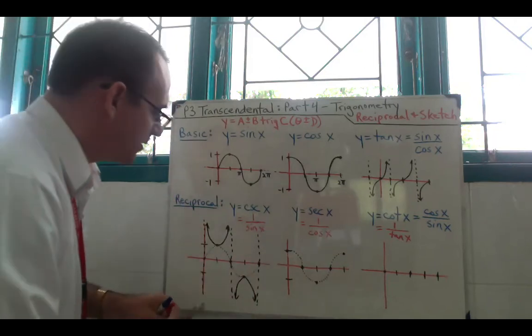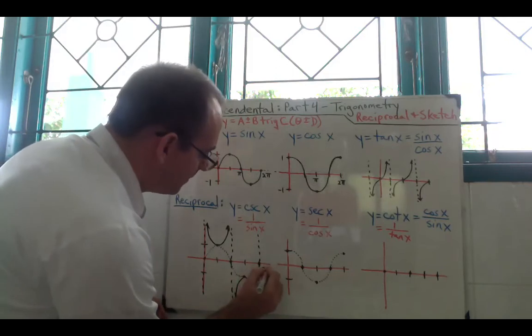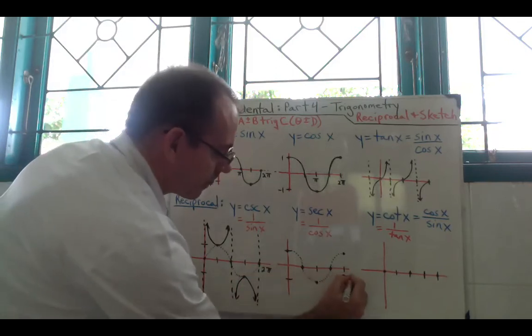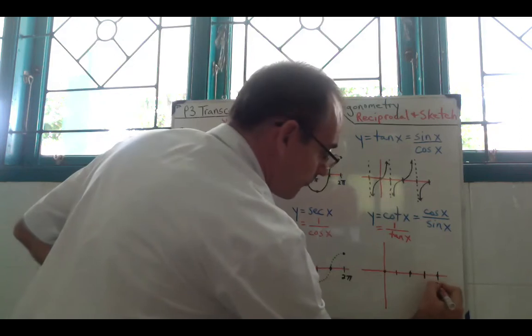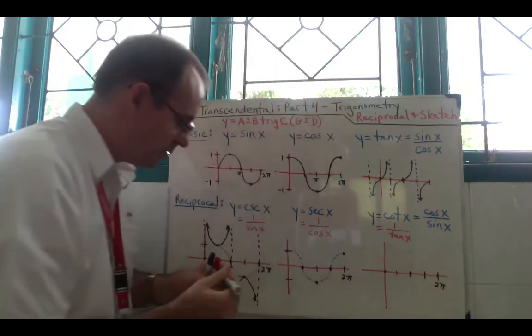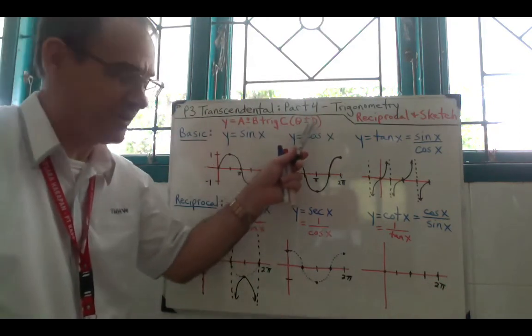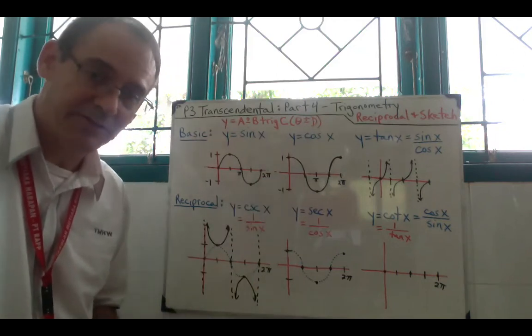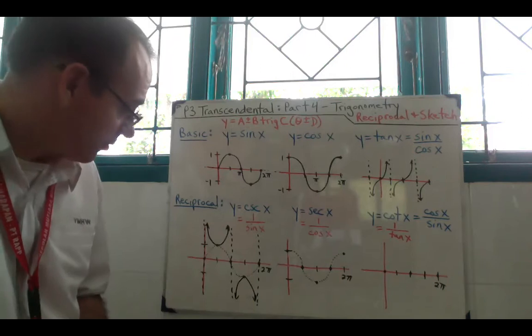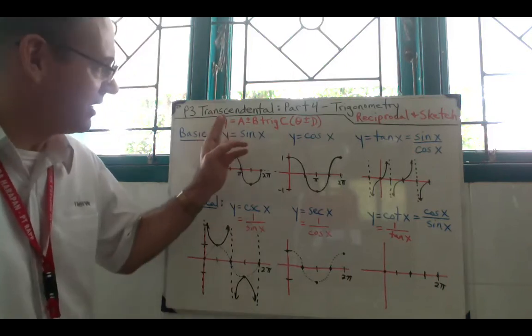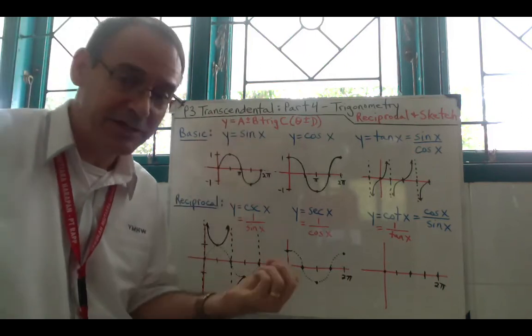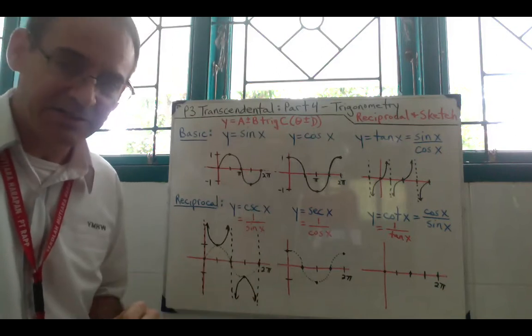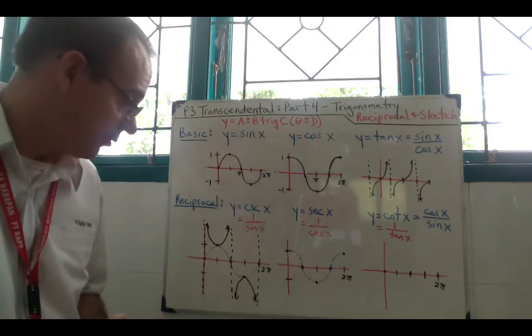So this here was marked out to 2 pi. And you also need to pay attention if it's shifted left or right, although I hope that they don't do that to you, especially with the reciprocal functions. But this A, B, and C especially, you need to pay attention closely to those.